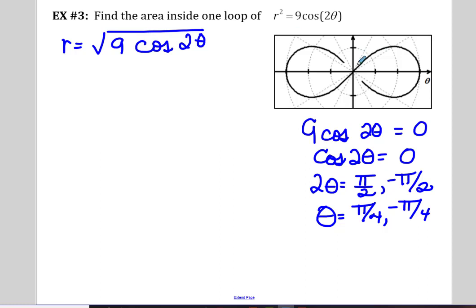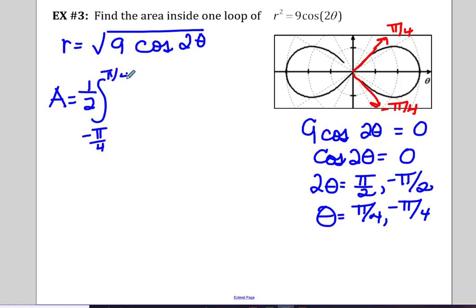And looking at our picture, you can see this is the π over 4 angle and this is the negative π over 4 angle. So our integral would look like area is 1/2 from negative π over 4 to positive π over 4 of our r value, 9 cosine 2θ, squared dθ.